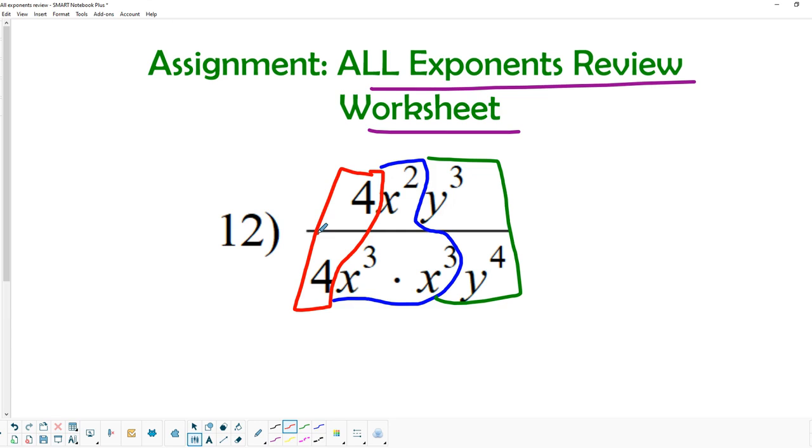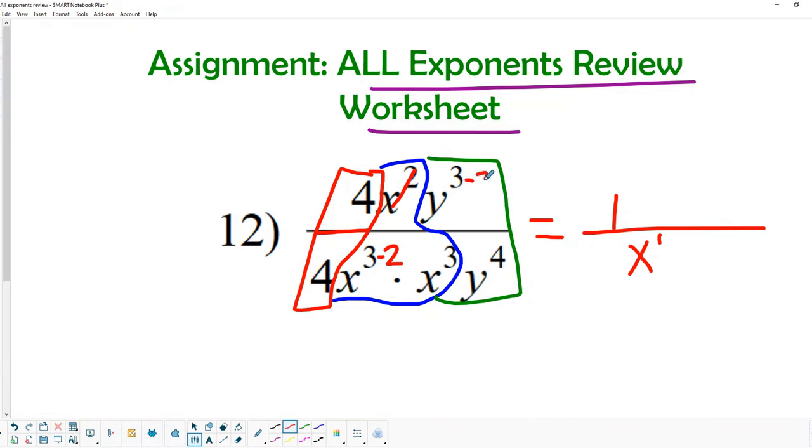So 4 divided by 4 equals 1. So those 4's actually reduced to 1. The x's, we take the x on top, which is smaller than this 3 down here, and subtract it from the bottom. So we end up with x to the 3 minus 2, which is x to the first power. On our y values, we do the same thing.